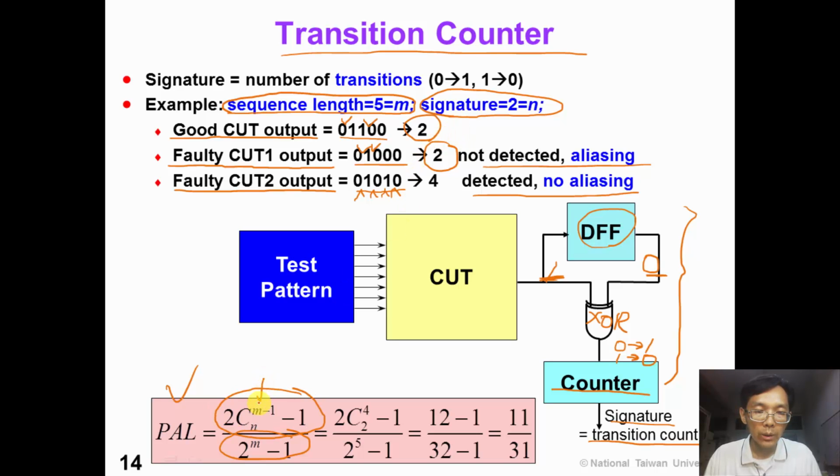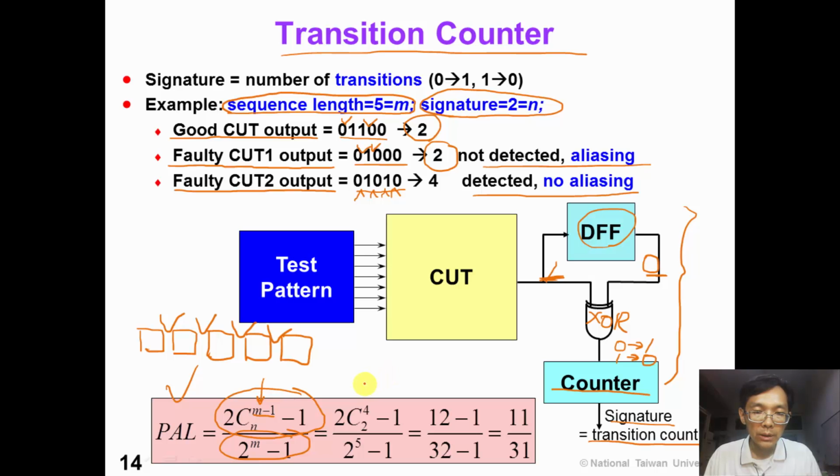The reason why we have m minus 1 is because if we have m bits, then there are m minus 1 possible positions for transition. For example, if we have 5 bits, then we would have 4 positions for possible transition. Therefore, we use m minus 1 choose n.